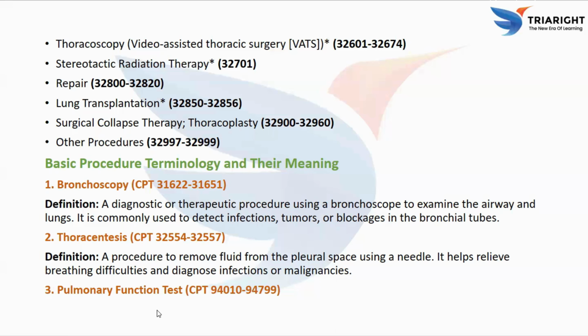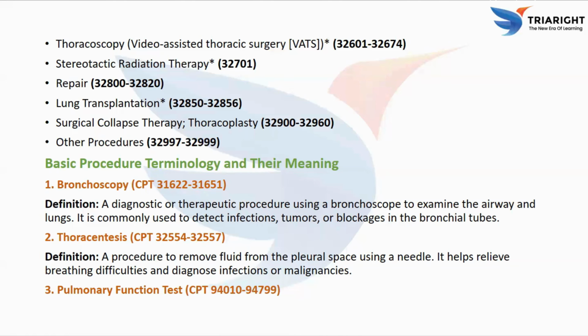And the third is pulmonary function test. The CPT code range is 94010 to 94799. What does the pulmonary function test measure? It measures the lung capacity, airflow and also the gas exchange taking place in the lungs. Examples are spirometry and lung volume testing.